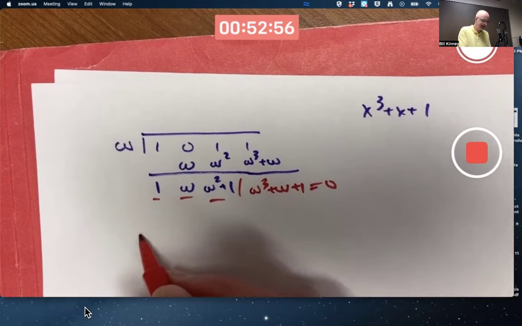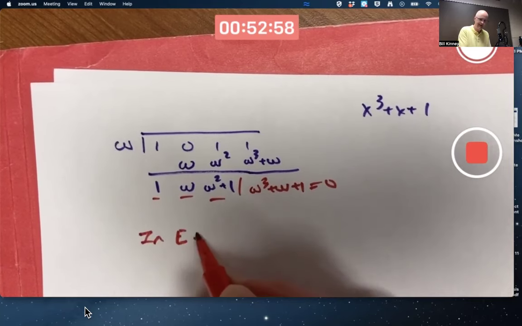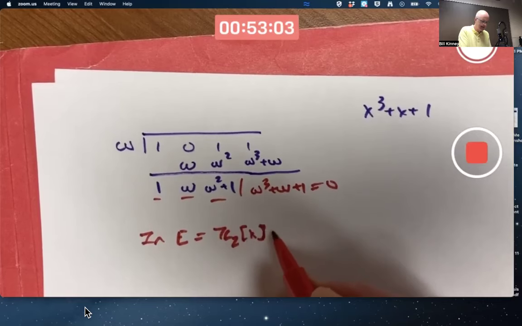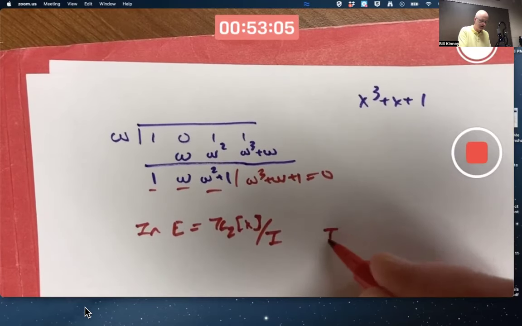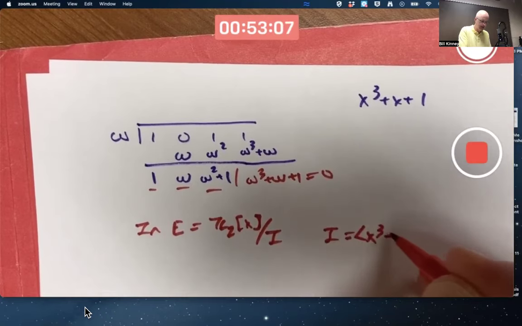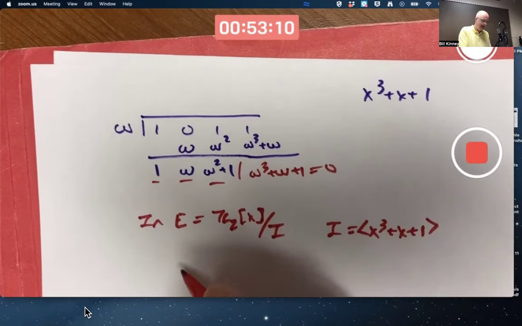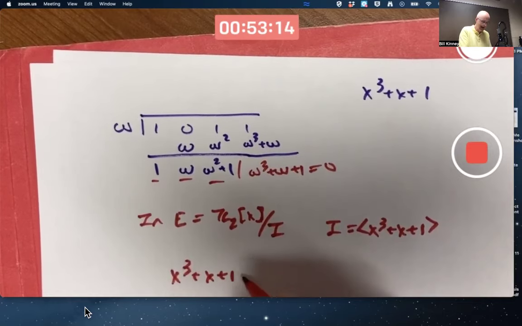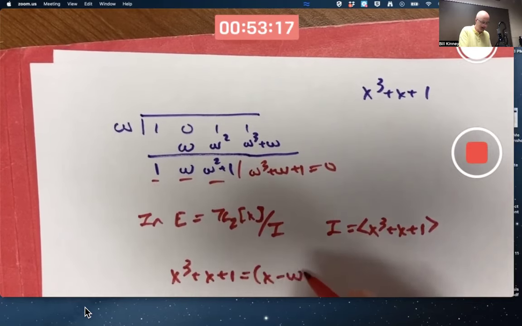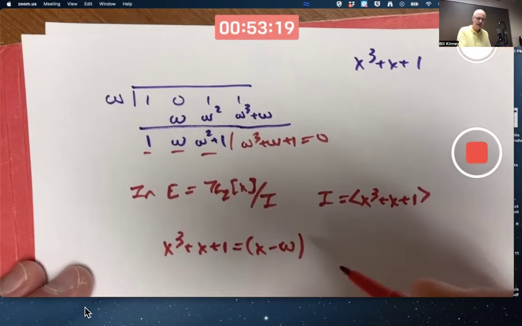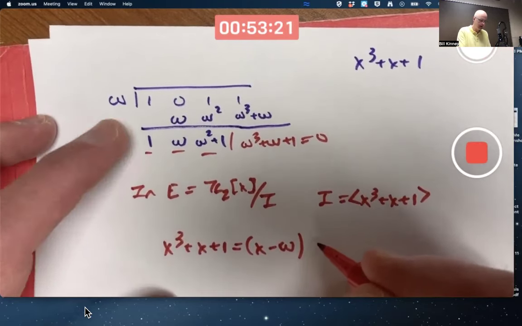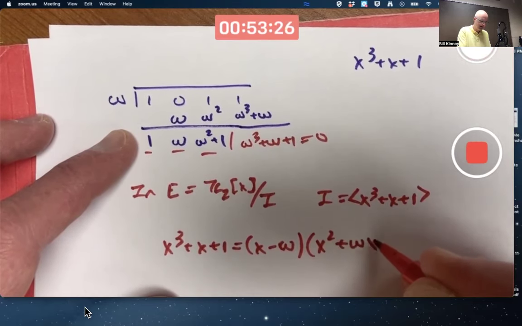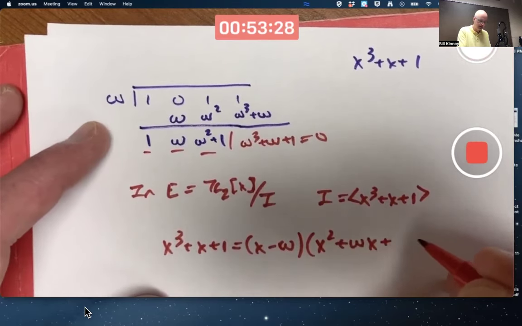This means in this field extension, E equals Z2[x] mod the ideal generated by x cubed plus x plus 1, I can factor x cubed plus x plus 1 as x minus omega, because omega is a root. What's the other factor? A quadratic factor with leading coefficient 1, omega, and a constant term of omega squared plus 1.